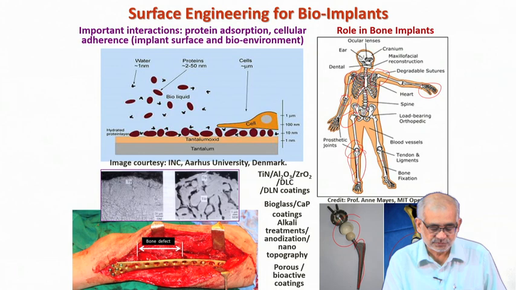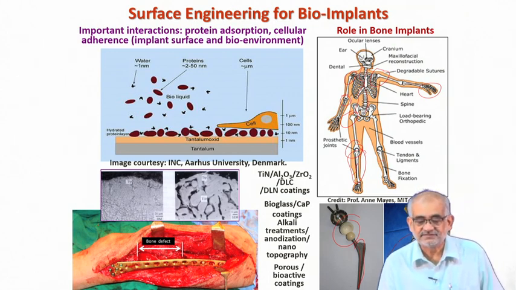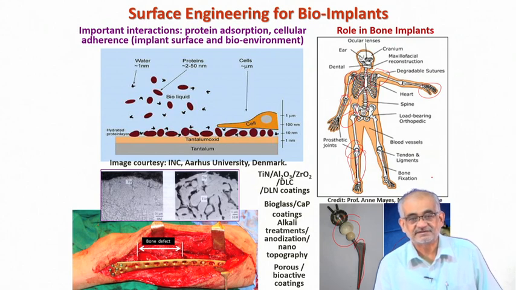So you need to protect this, and while you are trying to protect this metallic system from leaching due to the interaction with body fluid, you actually have to take care of the surface, and that's surface engineering. You may need it for various kinds of mechanical activation or interaction.